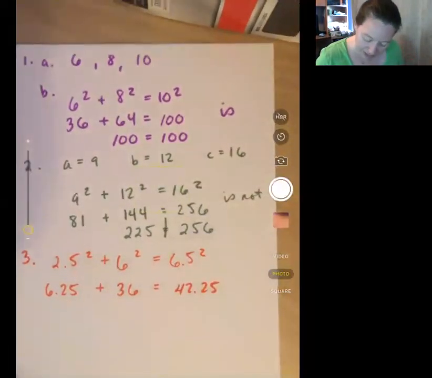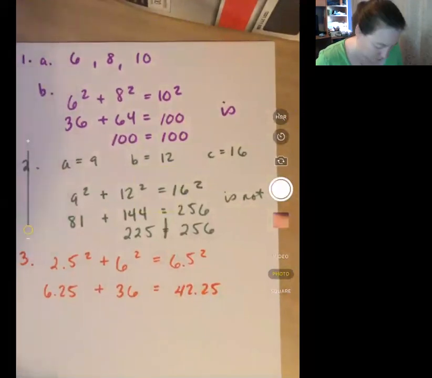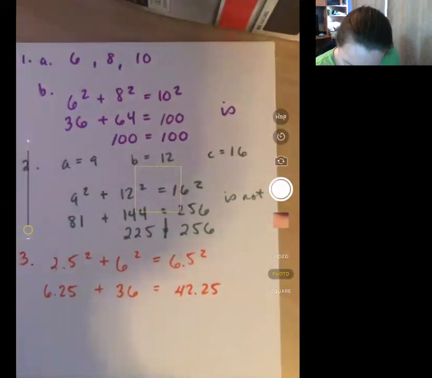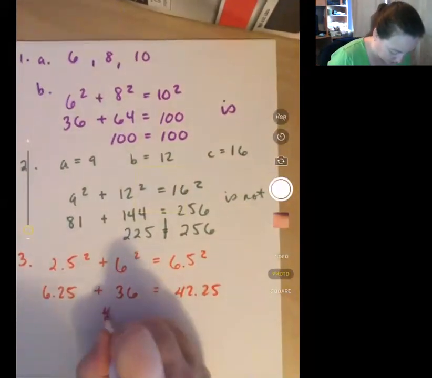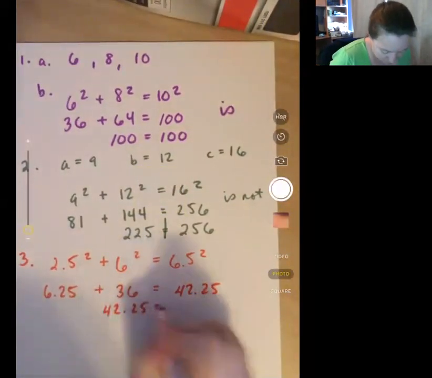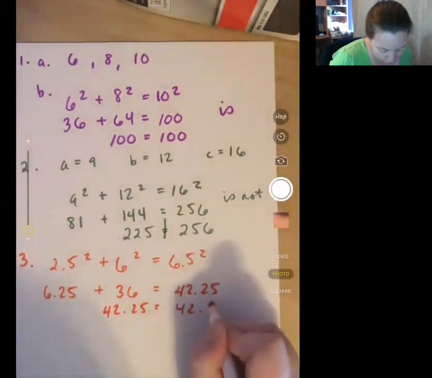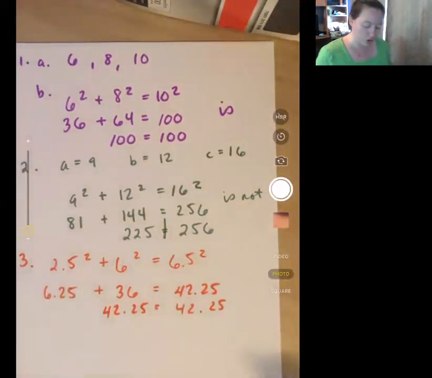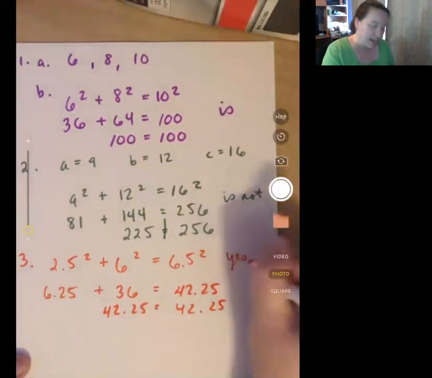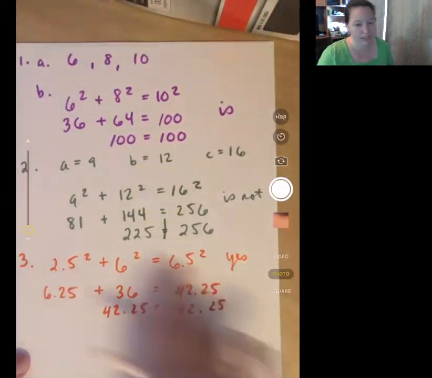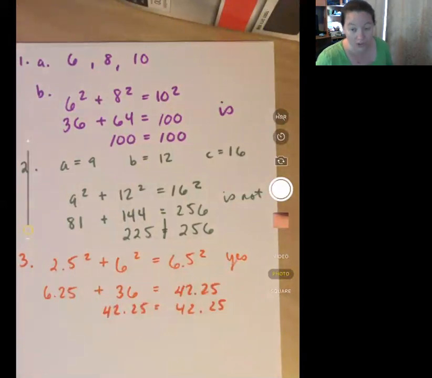So let's add this together. 6.25 plus 36 is equal to 42.25. Is 42.25 equal to 42.25? Yes. And this is your explanation for how you know that it is a right triangle.